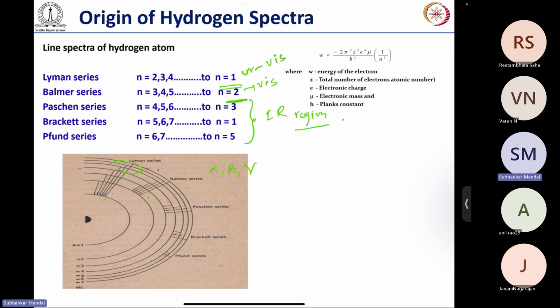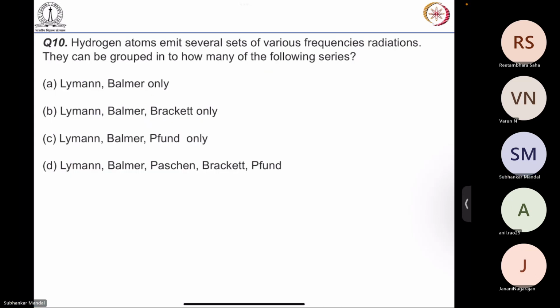We also discussed the Rydberg constant R, and I think we discussed one or two problems to calculate it. So the answer is D.